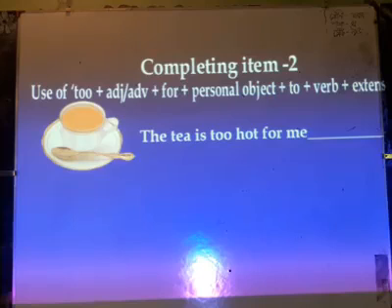Then you have to use a personal object, pronominal object, or indirect object. Then you have to use to plus verb 1 or present form of verb. Okay. The tea is too hot for me to take. Okay.